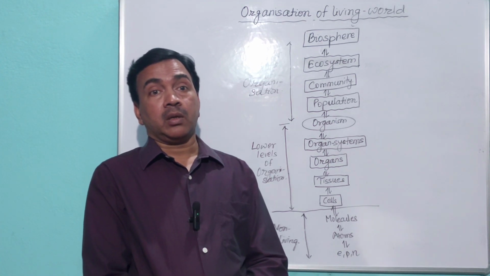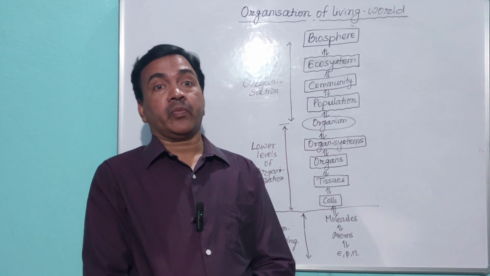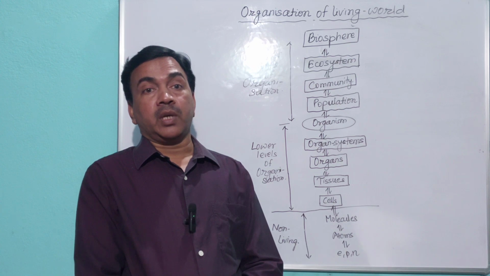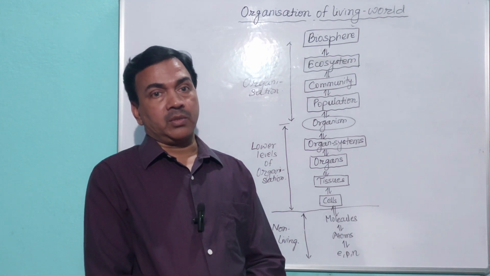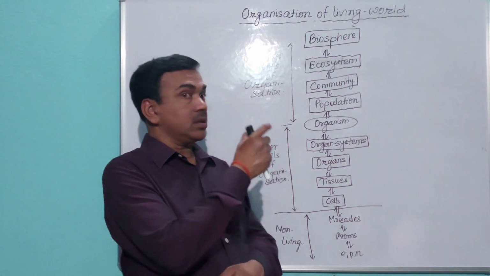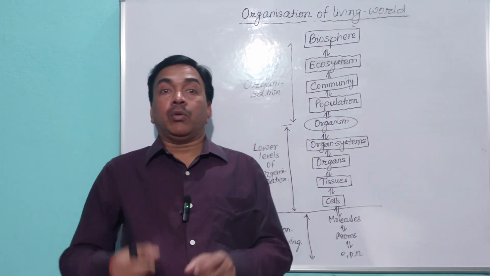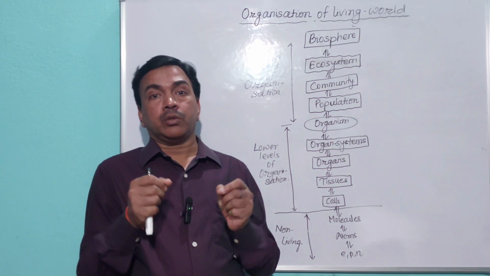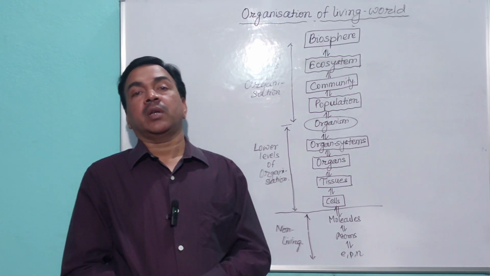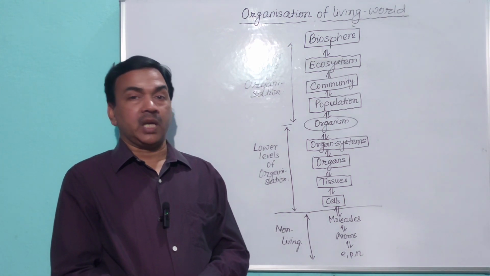Biosphere is further of three types: lithosphere, hydrosphere, and atmosphere. So these are the levels of organization which we must know before studying the fundamental unit of life, that is cell.